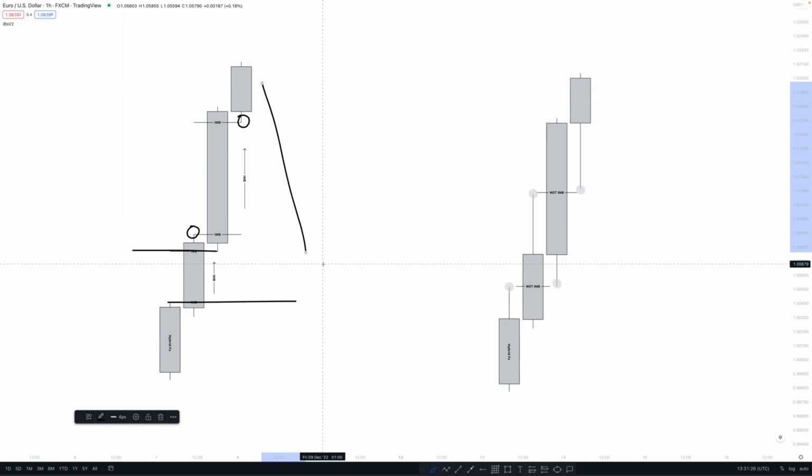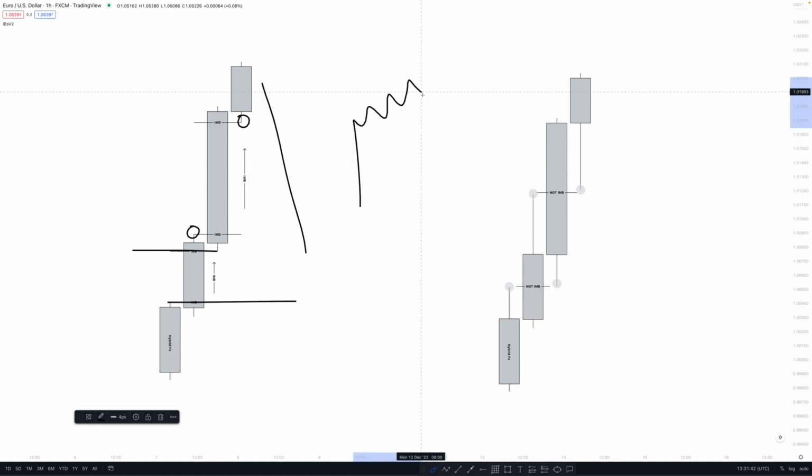But price can get that imbalance filled in minutes, hours, or maybe even sometimes days or weeks. And there are traders who are gonna have, for example, imbalance, and they're gonna have this ascending price action.